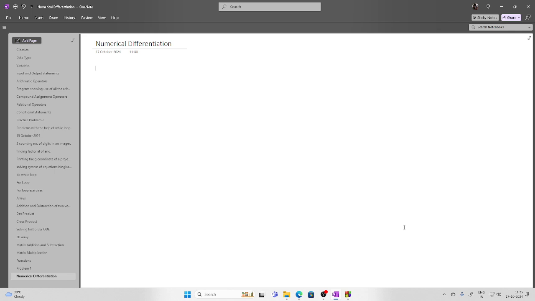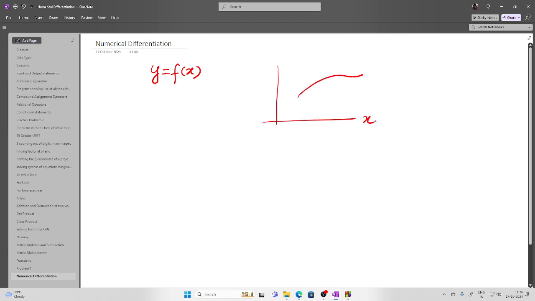So to start with, let me tell you what numerical differentiation is. Let's say y is a function of x. If y is some function of x and you are here, and you want to know the value of y after moving a certain distance h, or dx, let's say h, you want to know the value of this function.